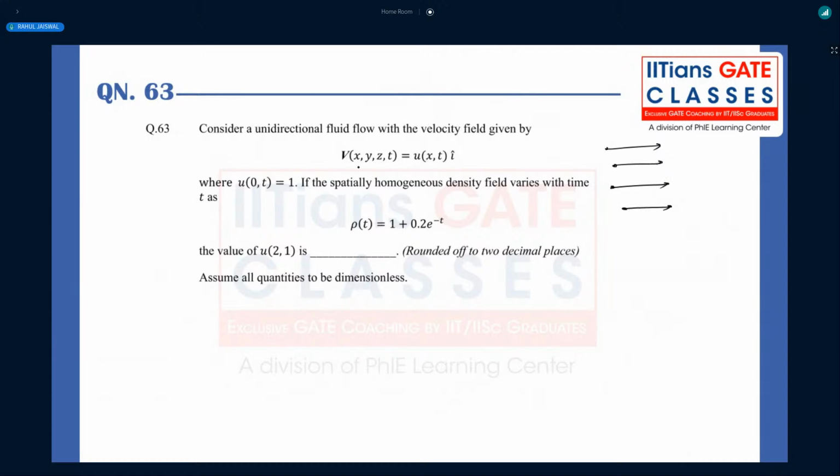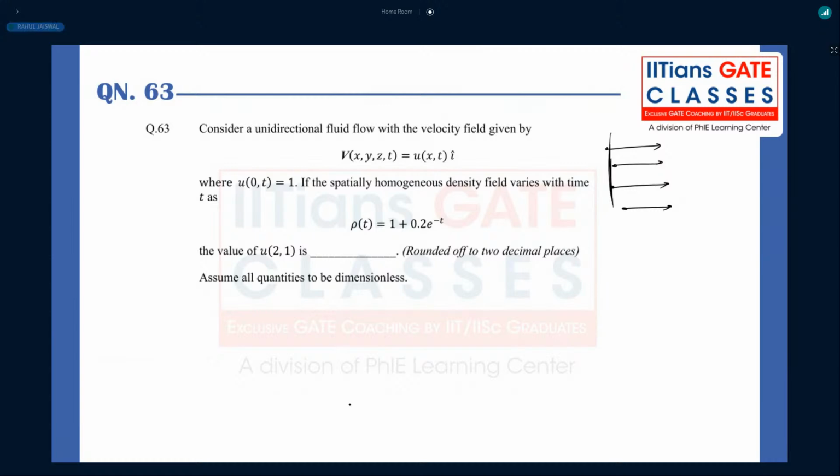At a particular instant of time t, at the initial location, the velocity is 1 unit, and the spatially homogeneous density field varies with respect to t as given. Then we need to find the velocity at location 2 when the time is 1.